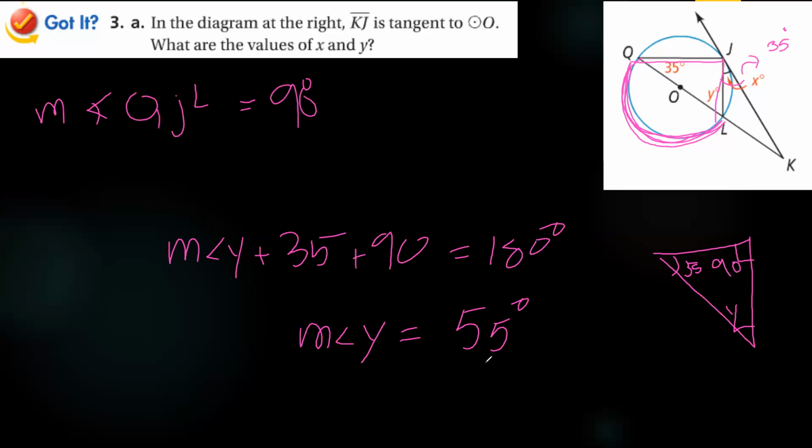Since it is 90, we have now a right triangle with 90 degrees and 35, and we have to find the third angle. Subtracting from 180, you will find that the measure of angle Y is 55 degrees. Is it clear? Yes.